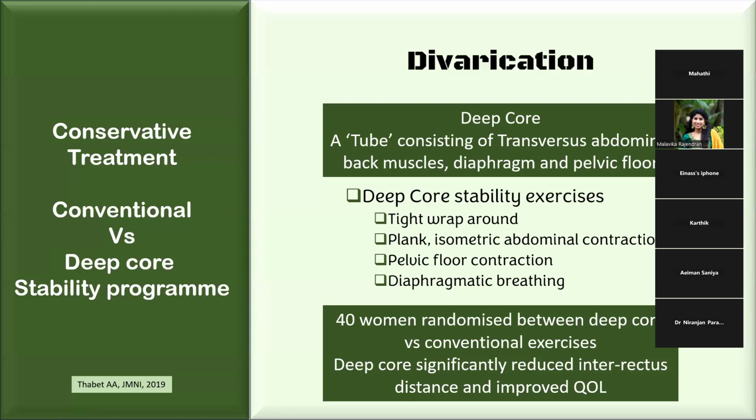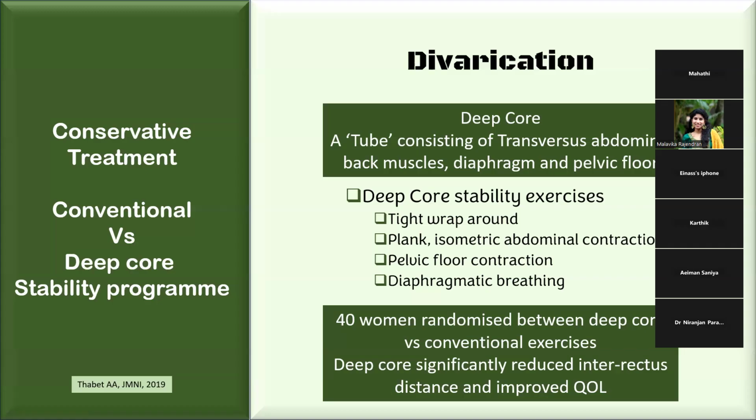So the concept of a deep core goes one step deeper than the core group you mentioned. Essentially, it means that the abdominal viscera is supported by the abdominal muscles, the back muscles, and also the pelvic floor and diaphragm. Okay, that's the thing.